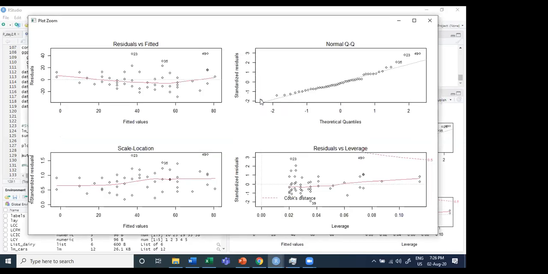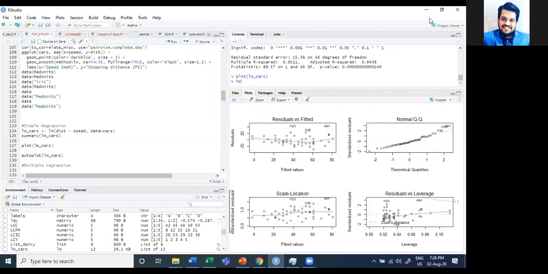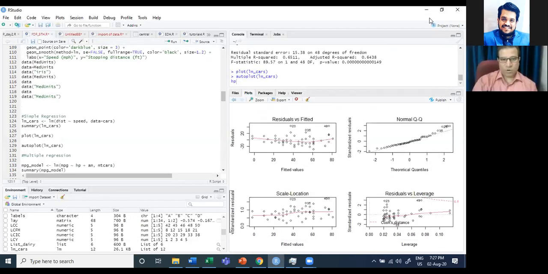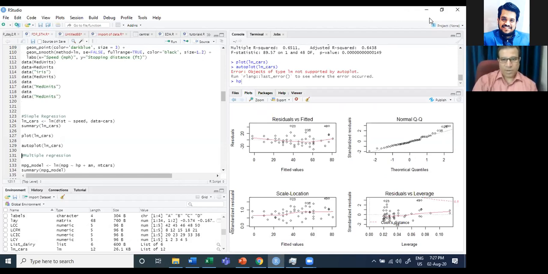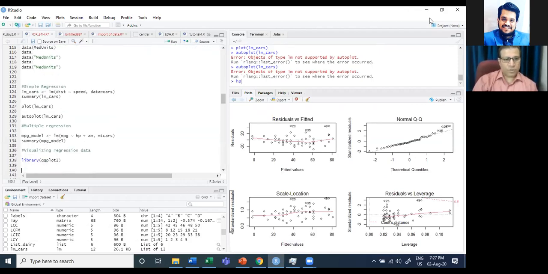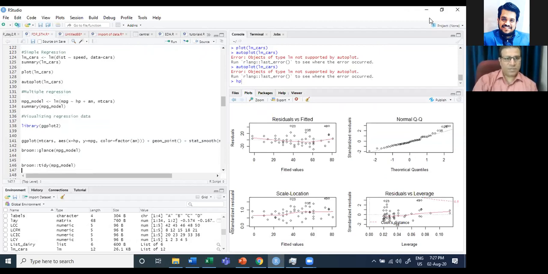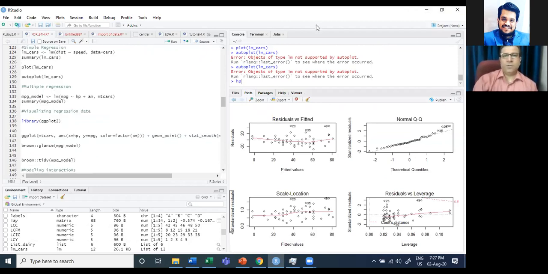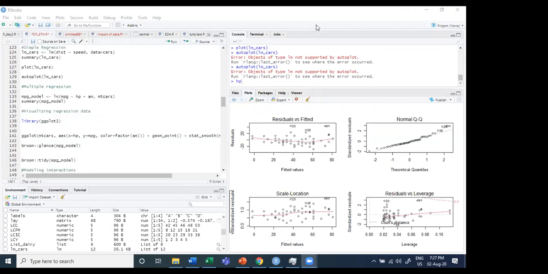So here the residuals are plotted, Q-Q norms are plotted, scale-location fitted aspect is plotted. Cook's distance is also plotted. So these are the things being auto plotted. We will try to see the auto plot impact. There might be some error in this, so we will leave this auto plot. Now this simple regression is done. So if you want to ask any question right now, we will do it.